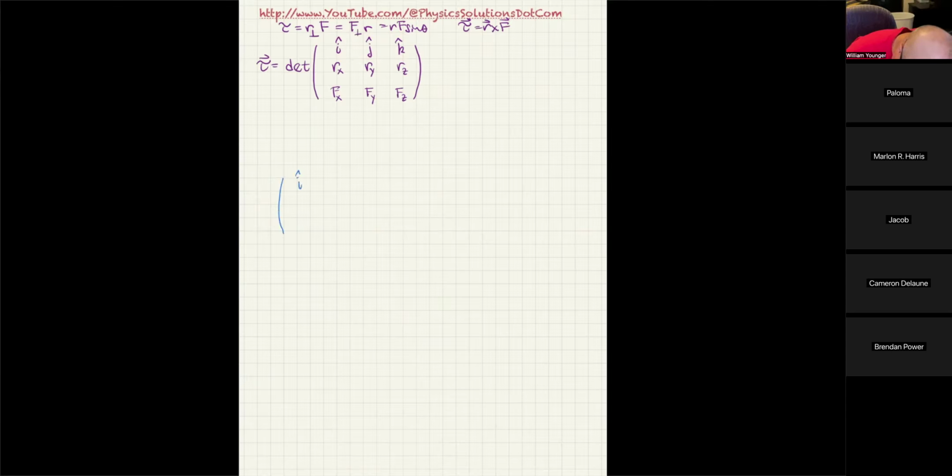So if we had I hat, J hat, K hat, R sub X, R sub Y, R sub Z, F sub X, F sub Y, F sub Z, like that, we could actually write that first column again, so just be F sub X. And then write that second column again, and you'll see why in a second.